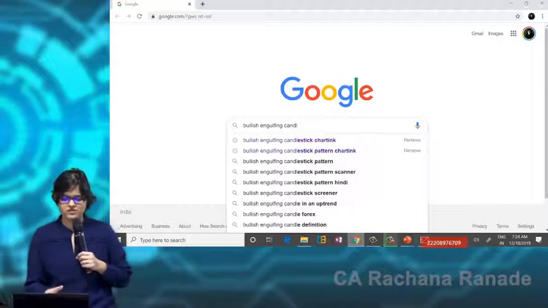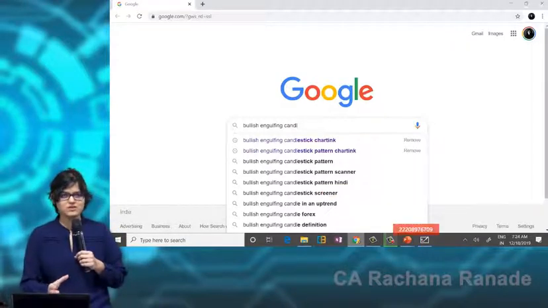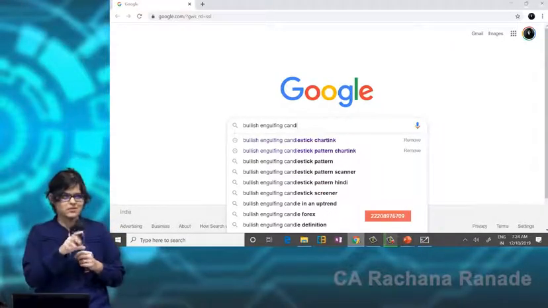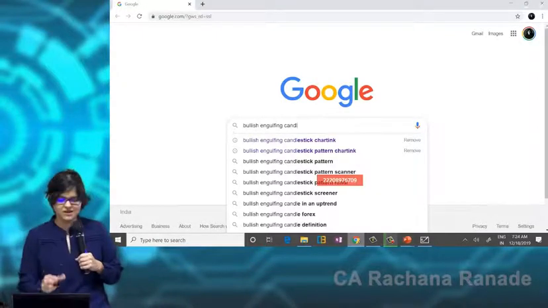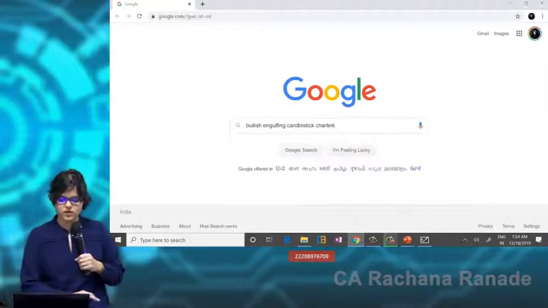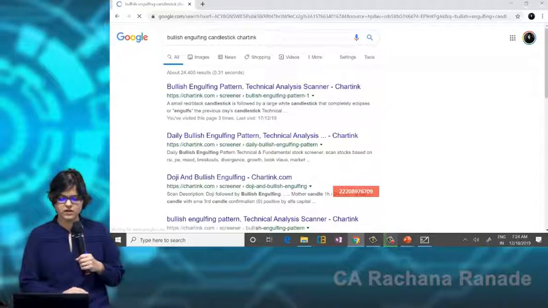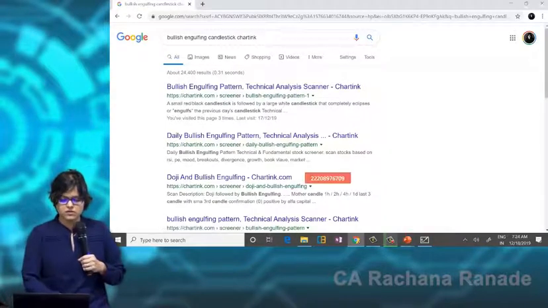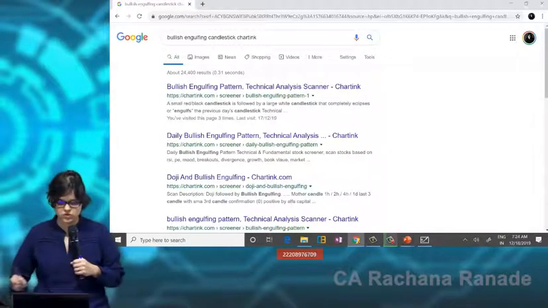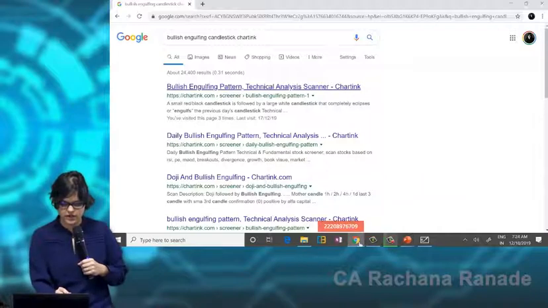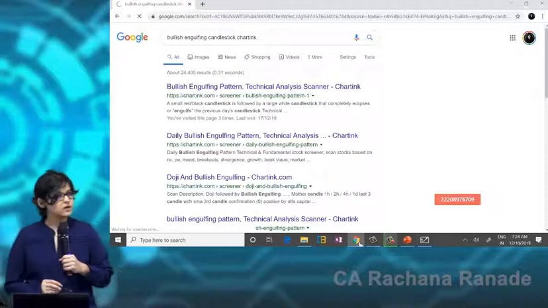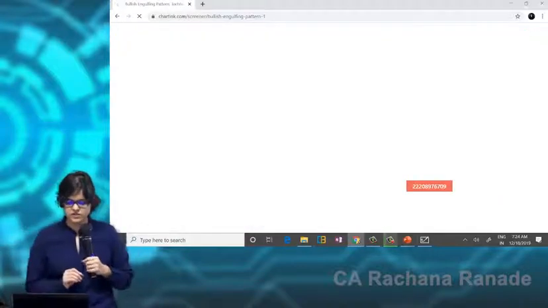Okay, now what has happened? Obviously, Google has caught my trend words. I've typed it so many times, so it has immediately found out the next few. So I've tapped on the bullish engulfing, and what can you see here? Chartink. So this is the website, chartink.com, screener, bullish engulfing pattern. Correct? So I just tap on this.